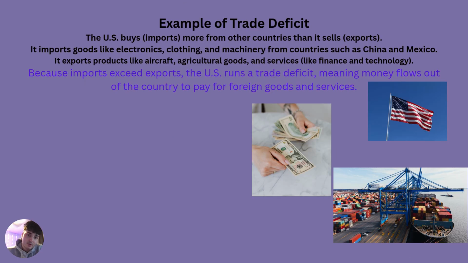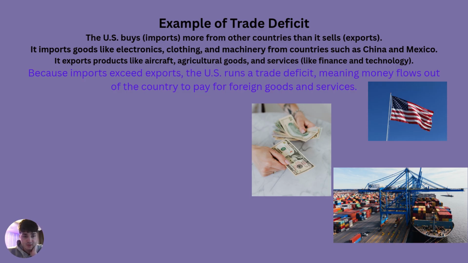A perfect example of a trade deficit that I could talk about is where we live, the United States. The United States imports more from other countries than it sells in exports. It imports goods like electronics, clothing, and machinery from countries such as China and Mexico. It exports products like aircraft, agricultural goods, and services like finance and technology.